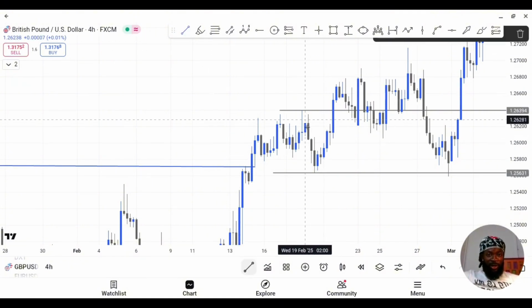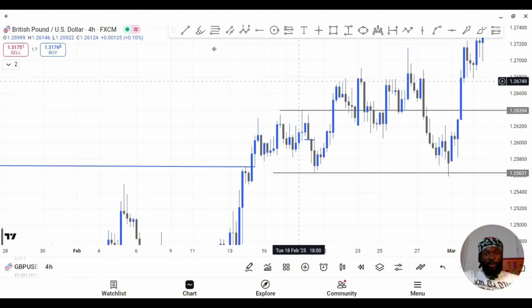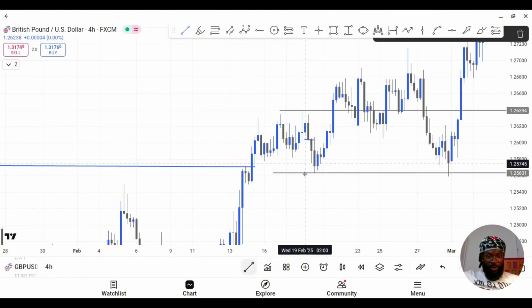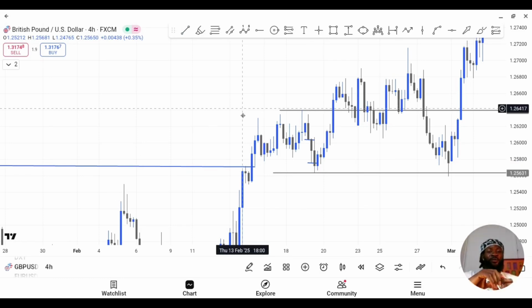You see this engulfing candle pullback, and you see the second one close below it, and you see the third one also. At first it wicked, but it also closed, not closed with wicks. The candle needs to close with body. See, that's what makes a valid pullback.